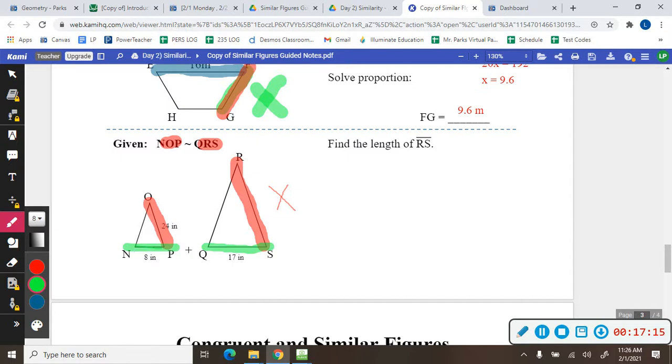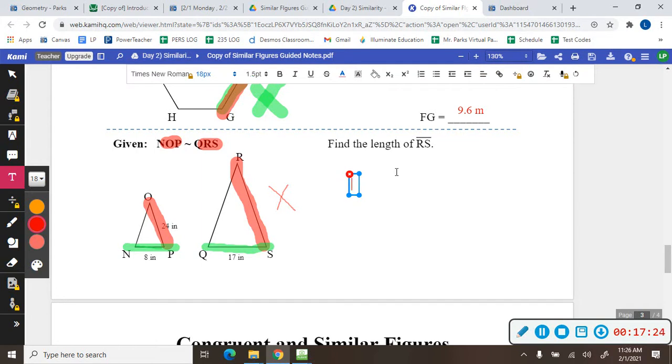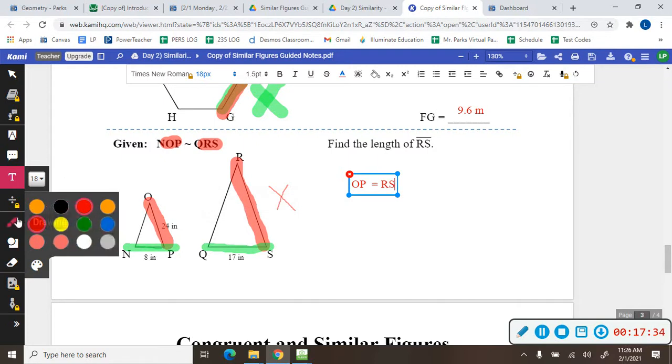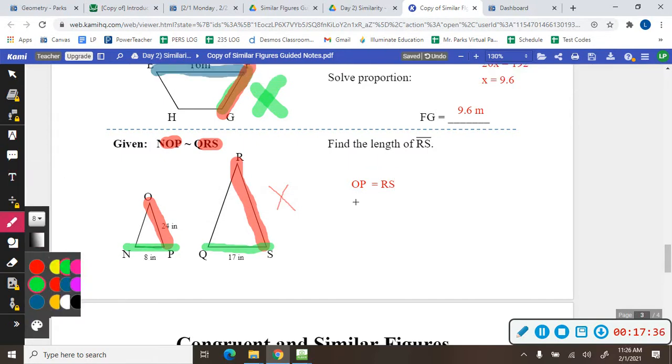We know that NP is proportional to QS. So if I start this off with OP, then over here I need to put RS. Actually this should be OP over RS.